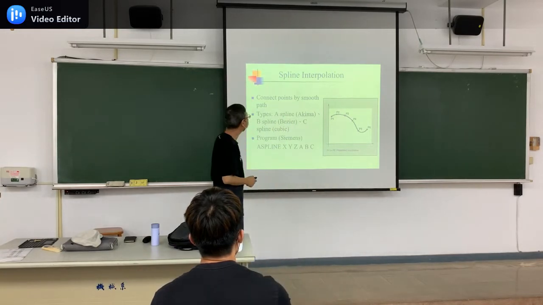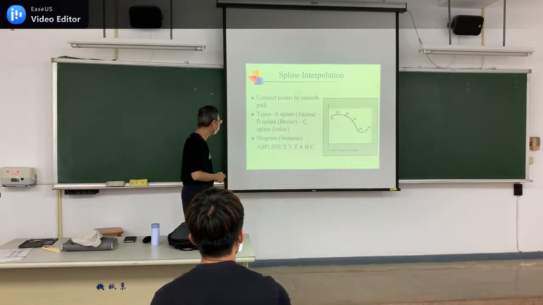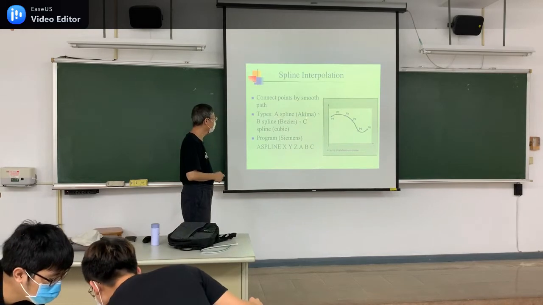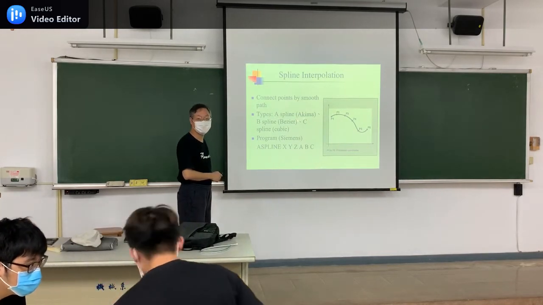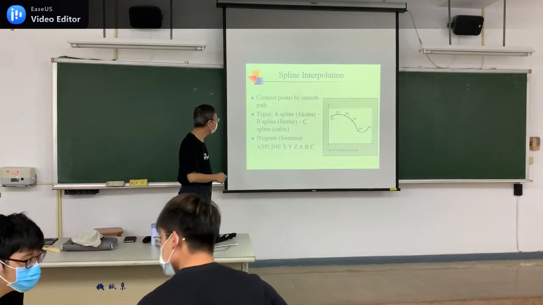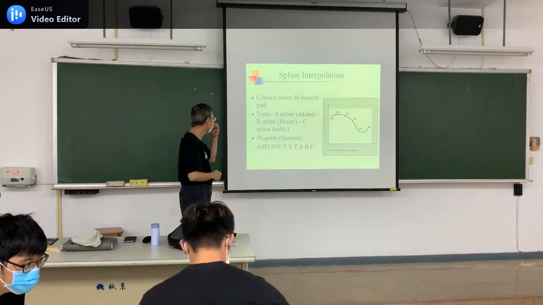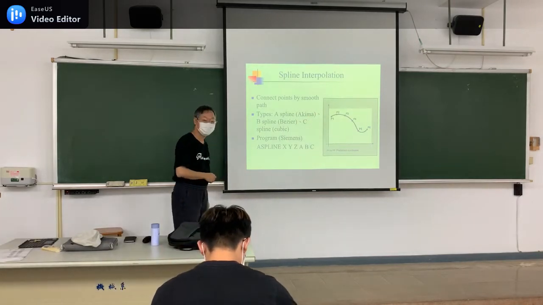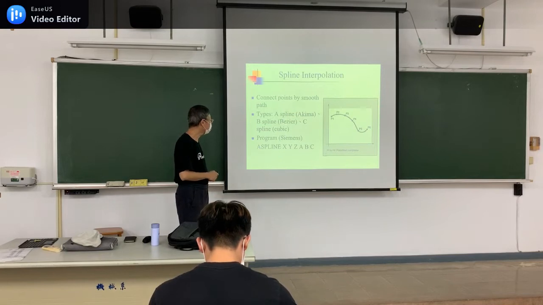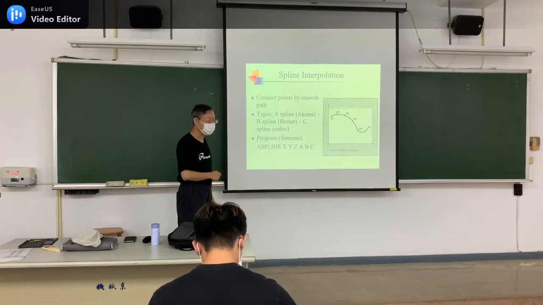And for the most common spline, there are several types. One is what we call A-spline. B-spline is related to the Bezier curve.